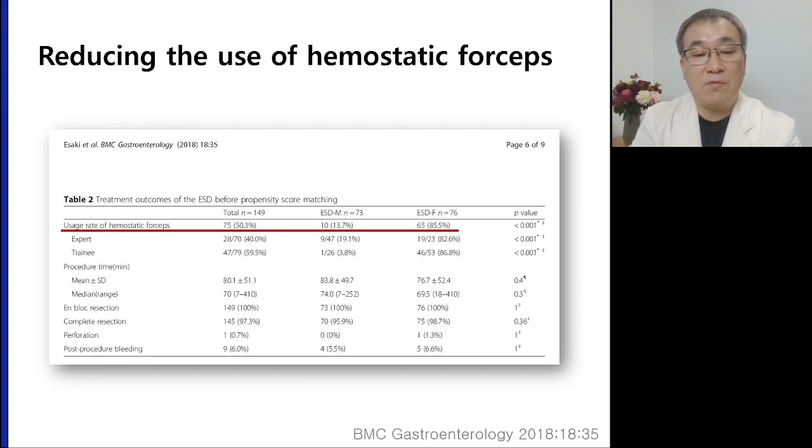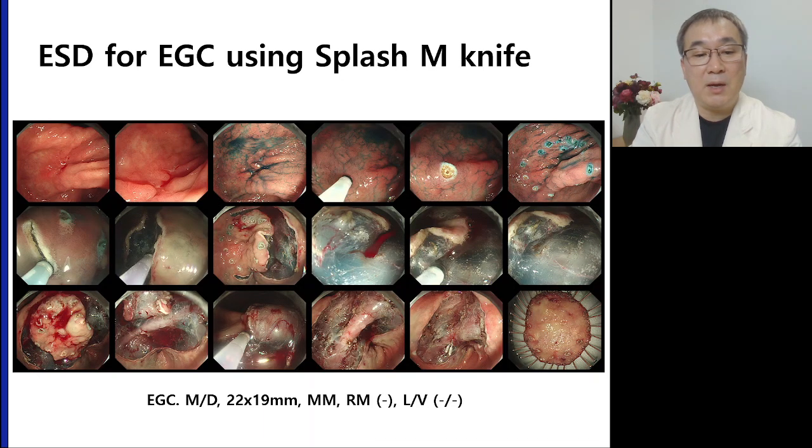In a recent study from Japan, ESD using Splash M knife appeared to reduce the use of hemostatic forceps during the gastric ESD without increasing the adverse effect. It can reduce the total cost of the treatment. This is a typical case of early gastric cancer treated by endoscopic submucosal dissection with Pentax Splash M knife.